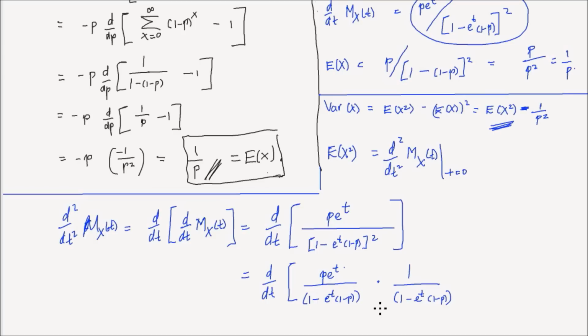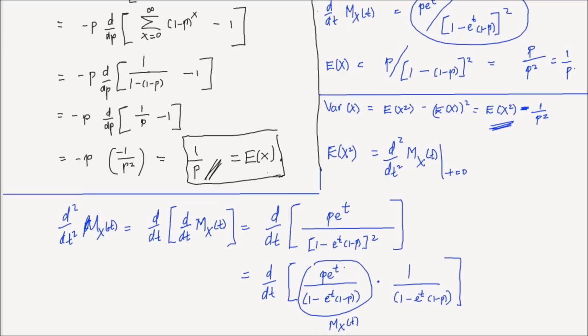What I simply did is, instead of having the square here, I have to the power of 1, but multiplied by 1 over the denominator. So those two expressions are the same. But this gives me something really nice in terms of computation, because this expression here is actually simply the MGF, mx of t.